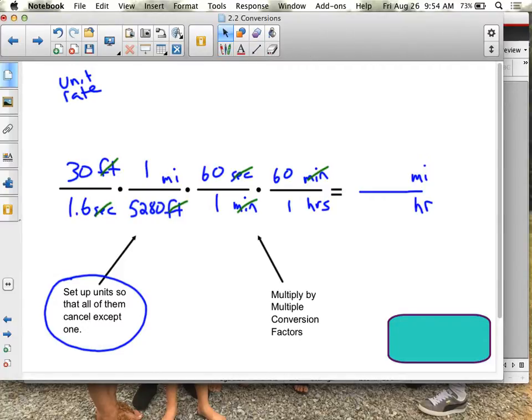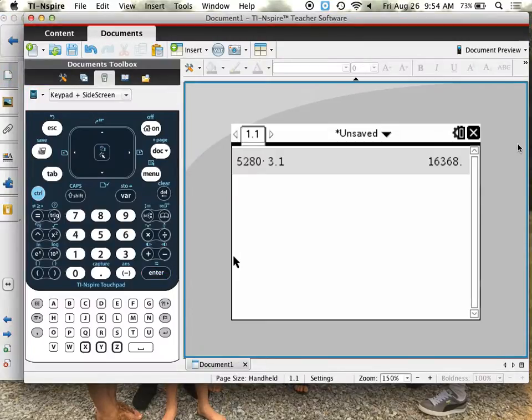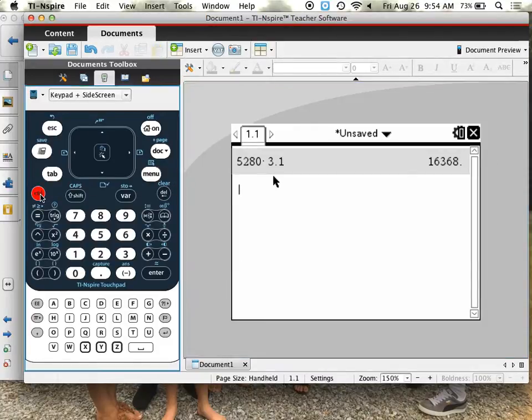So let's go to the calculator and multiply them out. And one thing I notice is that the ones don't really need to be multiplied. So what I'm going to do is I'm going to go over to my calculator. Check this out. I'm going to go Control Division. I'm going to make a fraction. So I know my numerator had 30 feet in it.